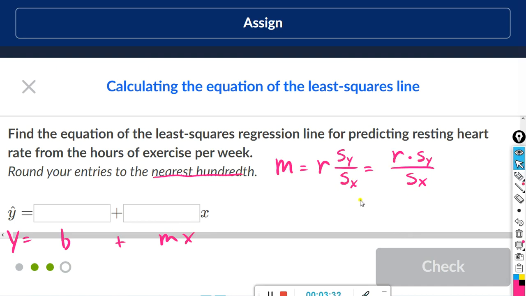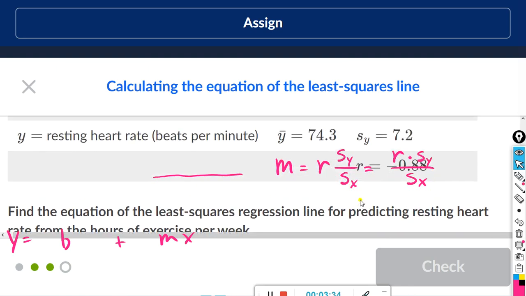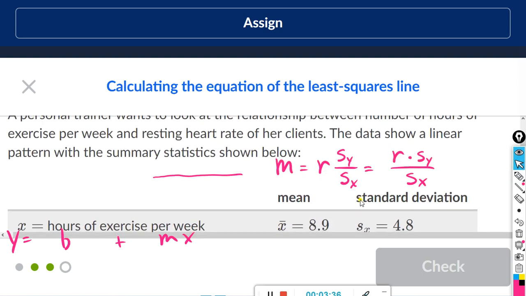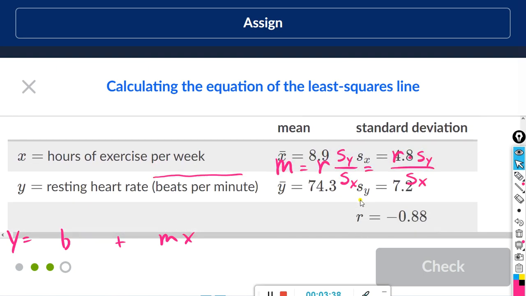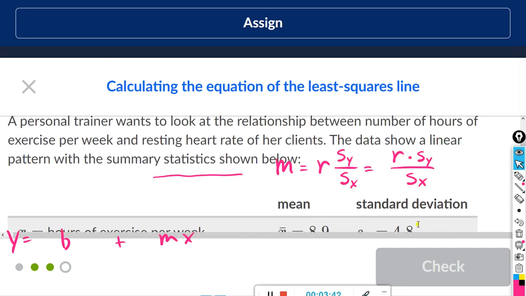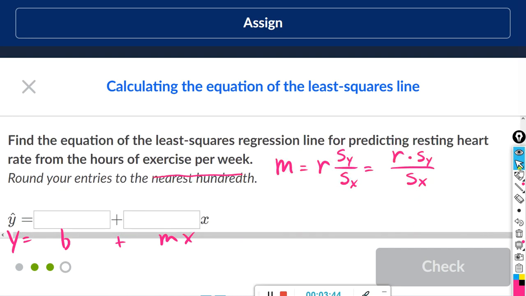Let's look at our data chart again. Okay, so let's see. It says R is negative 0.88. So let me plug that in right here, in place of R, negative 0.88.